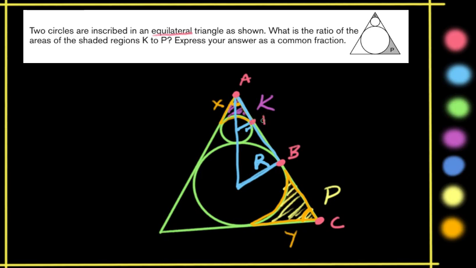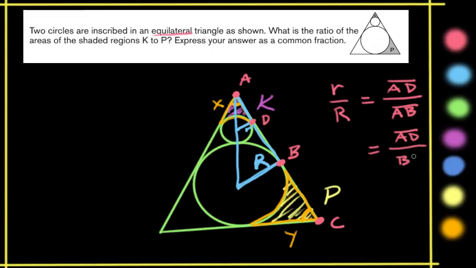Let's call this one D. The ratio of little r to big R will be equal to, because of similar triangles here, the distance from A to D as compared to the distance from A to B. And since A to B is the same as B to C, we can also say that it is A to D over B to C. That is in fact what we were looking for.